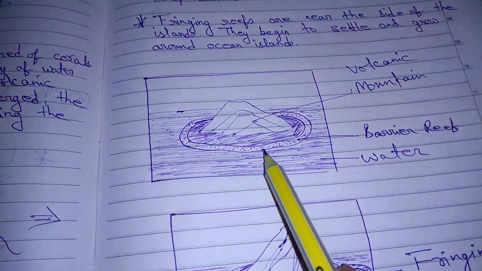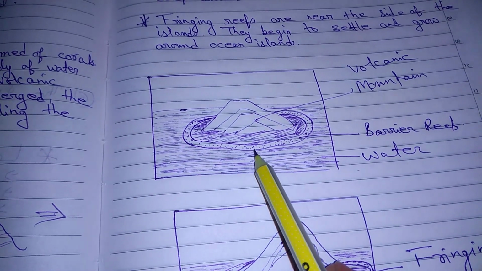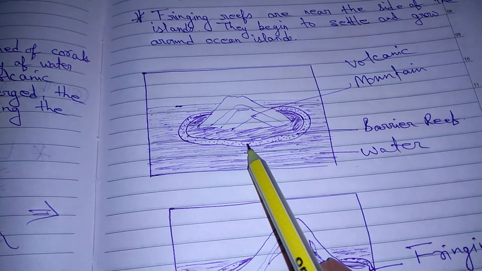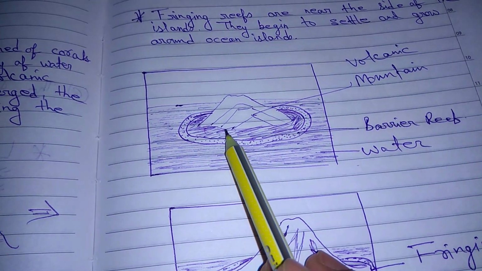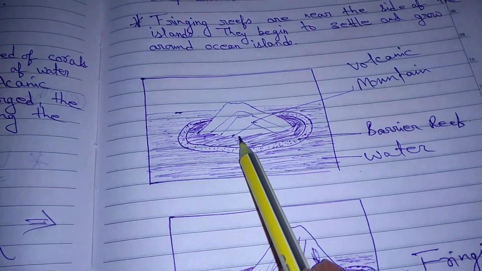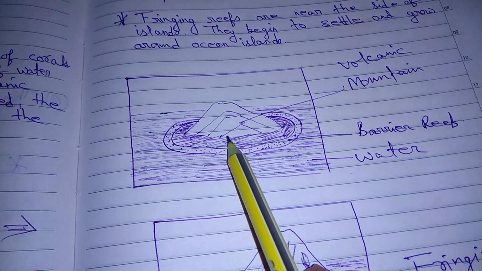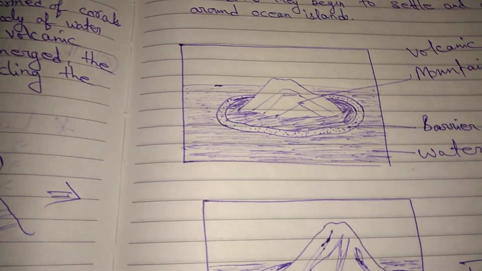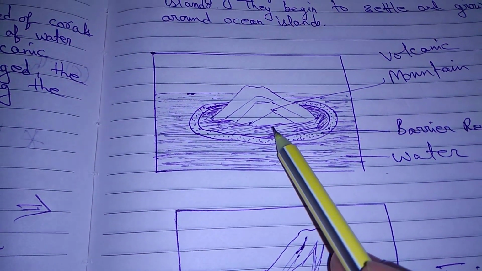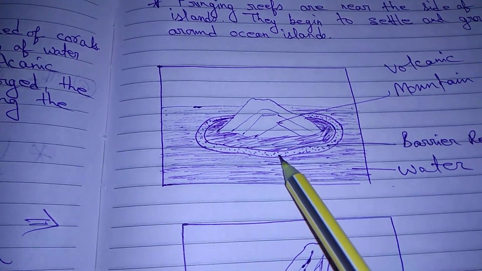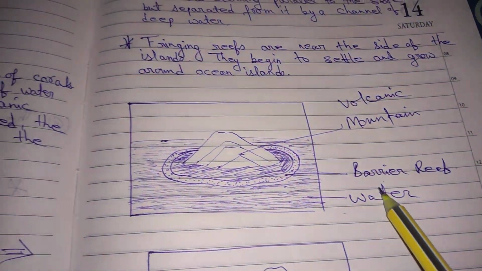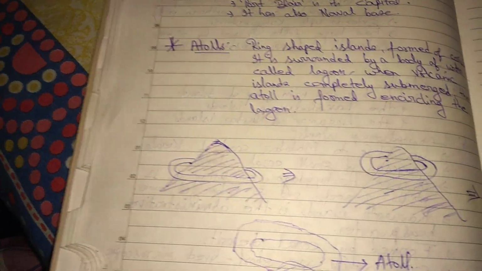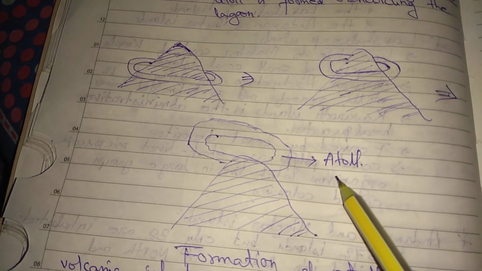And second, when the water becomes deeper and deeper, it means earlier the reef was here, then after when water again becomes deeper here, it goes upward along the mountain, it forms the barrier reef. And the last stage of this is the formation of atoll.